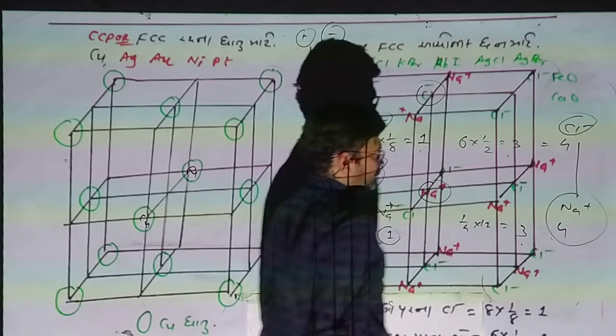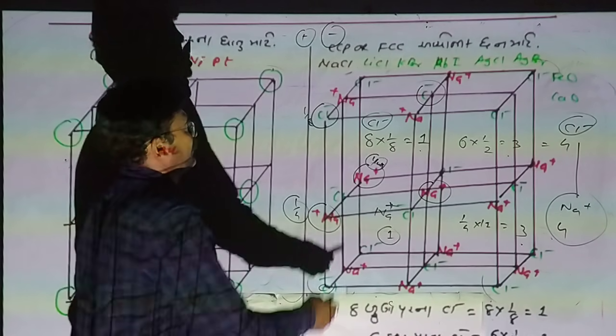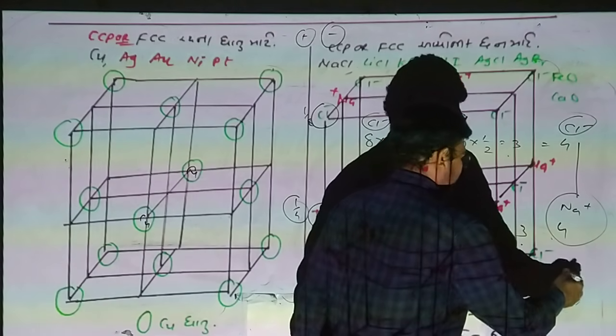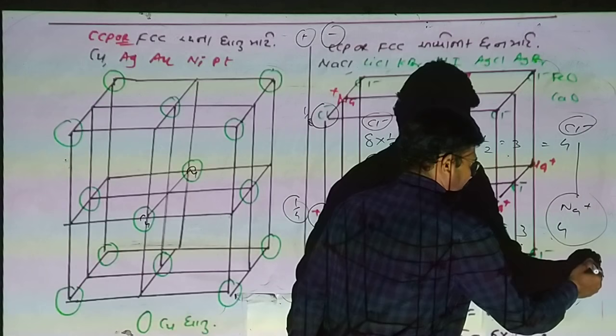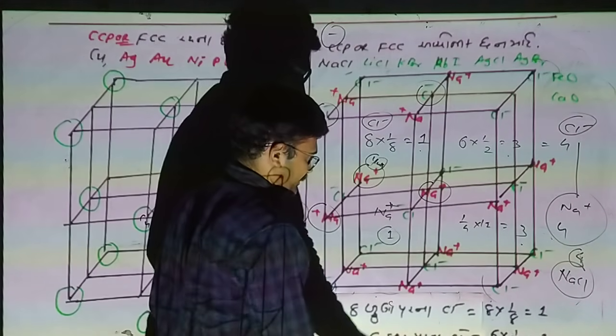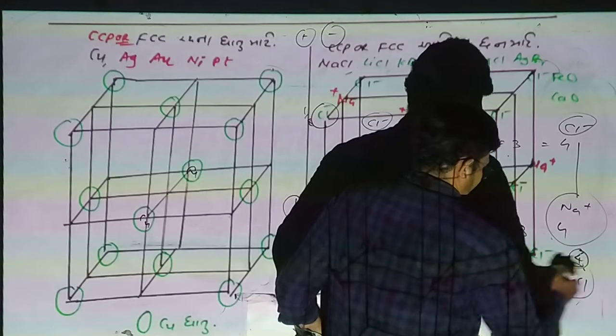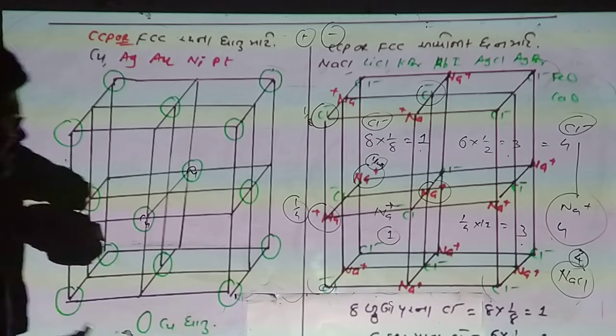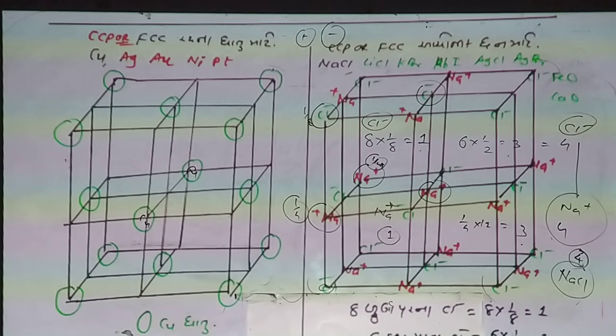So 4 Na plus and 4 Cl minus. So here it is not atoms but the number of molecules that is 4 per unit cell. In the crystal of NaCl, per unit cell there are 4 molecules of NaCl. Understood?